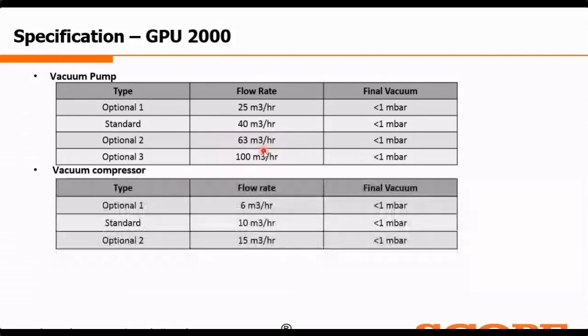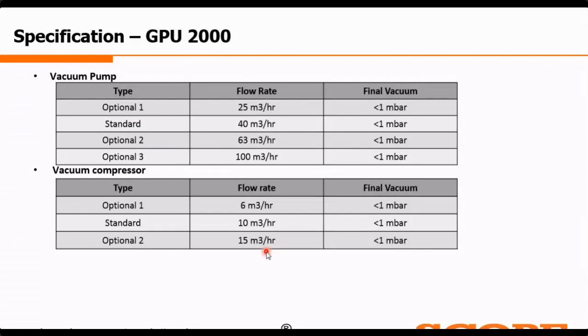For the vacuum compressors, again, we are giving three options. Standard is 10 meter cube per hour, and there are two optional ones, 6 and 15, which you can choose if you want. The vacuum pump is for the vacuum operation, that is the evacuation of air and nitrogen, and the vacuum compressor is for better recovery of SF6.